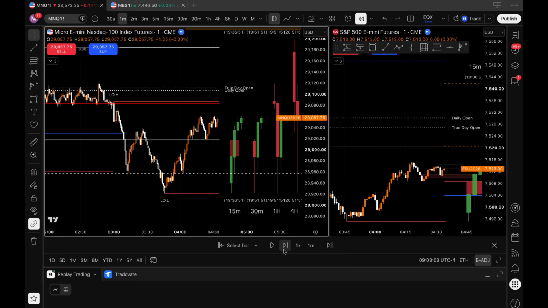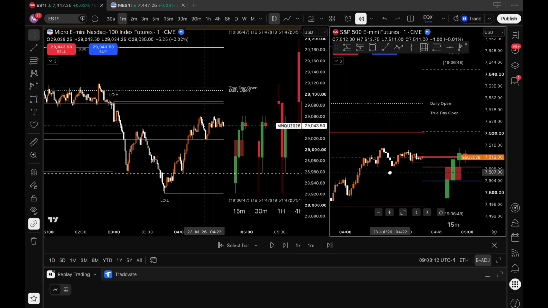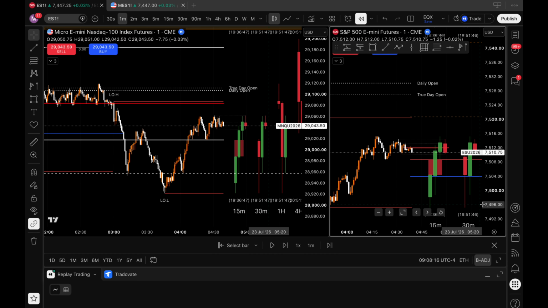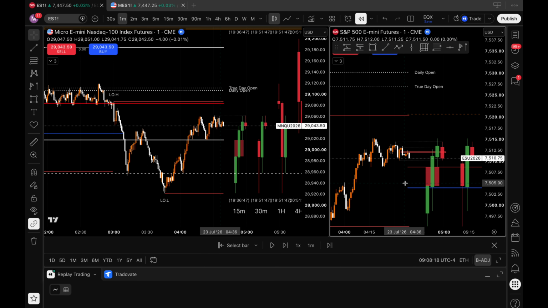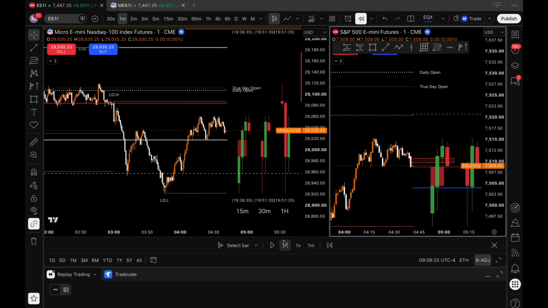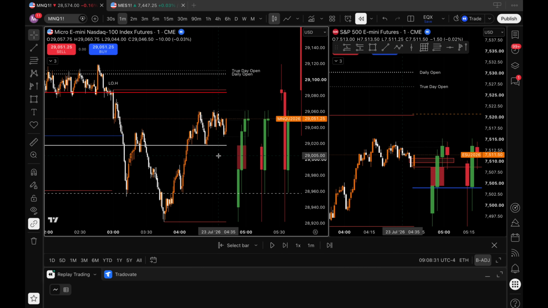And what I am looking for is a tap to that gap. Okay, so we do get this gap tap on ES. There we go. So we get this SMT on ES, the gap tap.